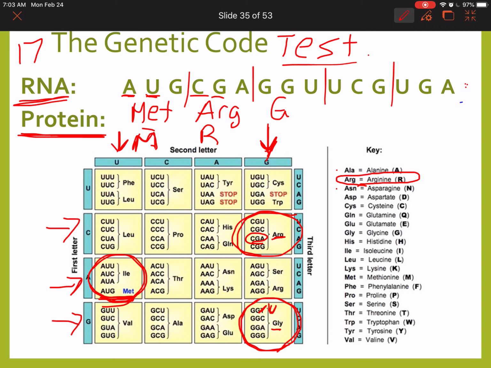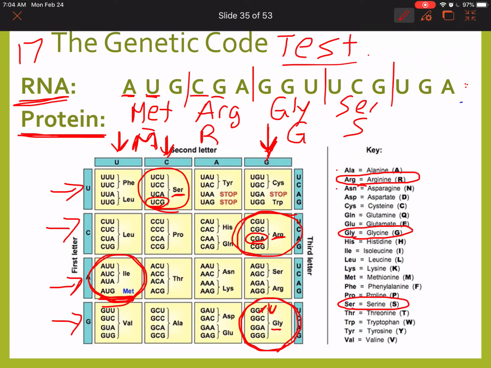It's GLY, which is glycine. The one-letter abbreviation is G. And then finally, UCG. UC here. So right here, UCG, serine, S-E-R. That's pretty straightforward. That's an S.